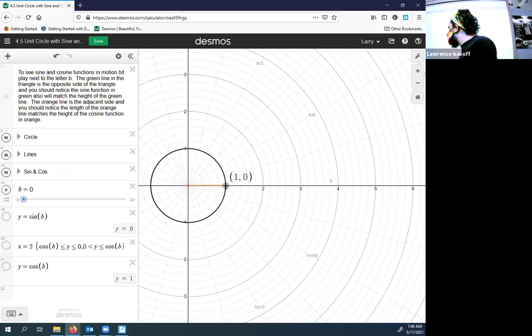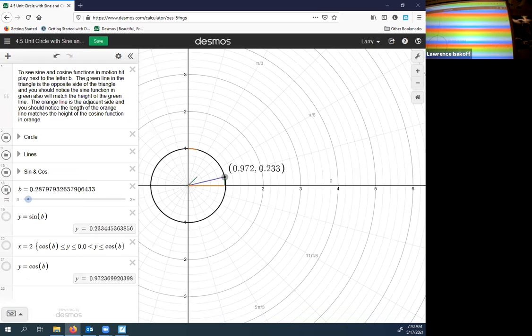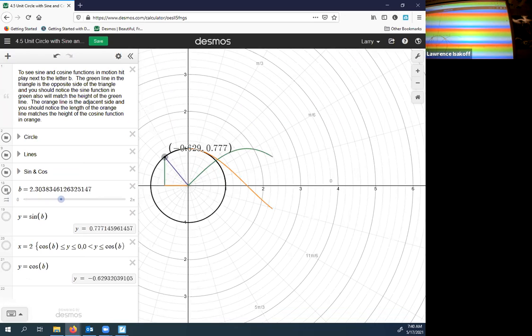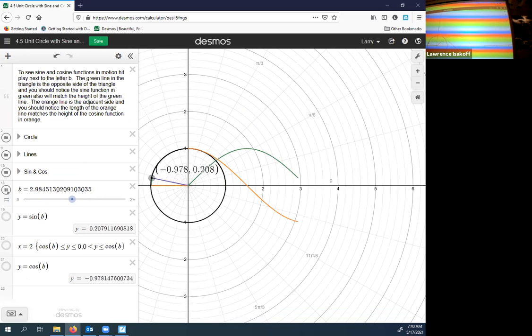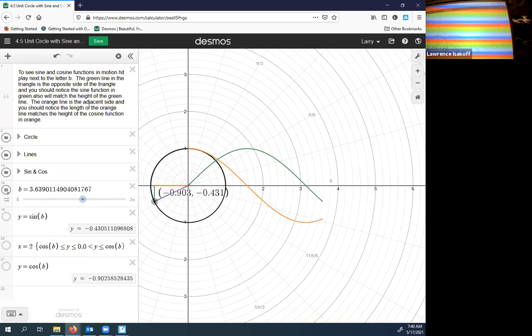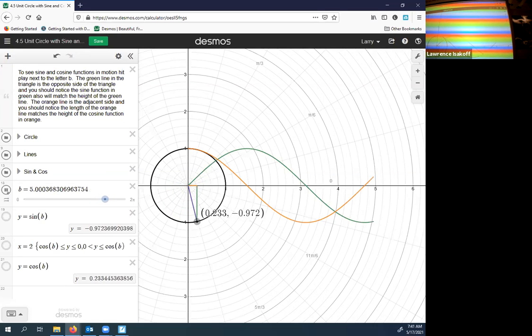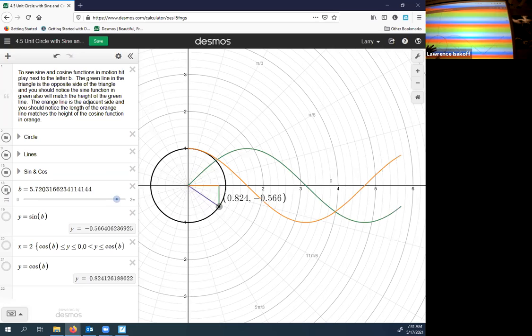There we go. There's the Desmos. If I hit play on this, let's see what happens. I start getting functions that are made here. Notice they're actually pretty neat looking curves, nice and clean. One is sine, one is cosine. The green is our sine curve.